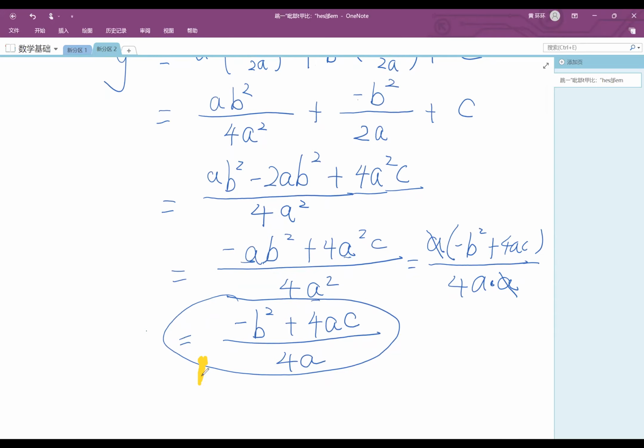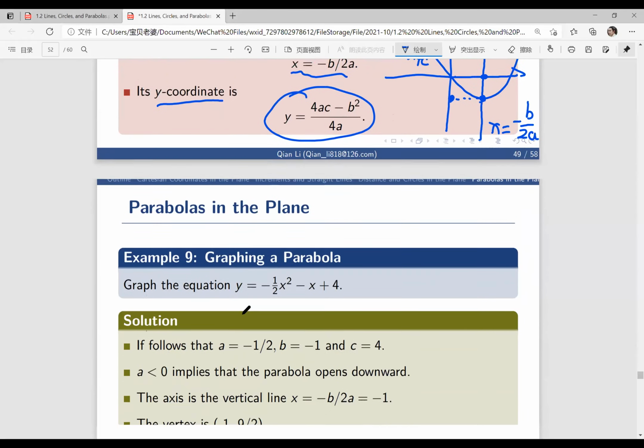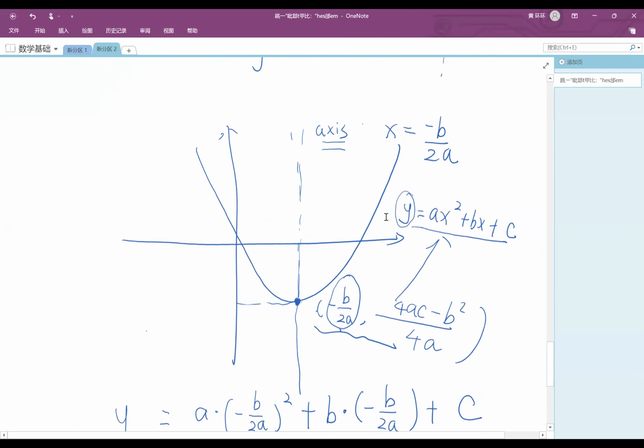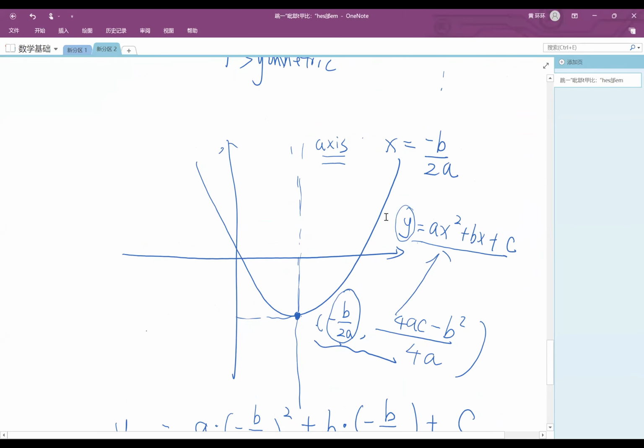Okay, this is the coordinate of the vertex. And let's see the following examples. Let's see this parabola, and the intersection of this parabola and the x-axis.